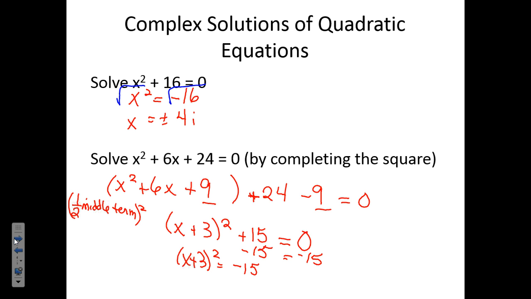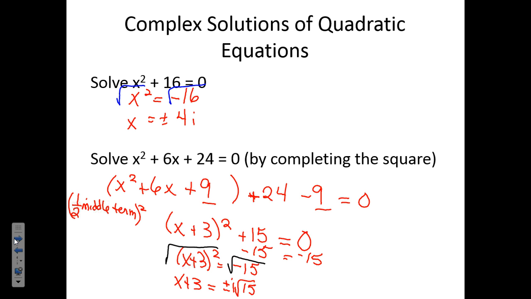Now what? Foiling it would get us back to where we were. Square root, yep, so we'll square root it. When we square root both sides, this is going to be x plus 3, and this is going to be plus or minus i square roots of 15. 15 is 3 times 5, right?